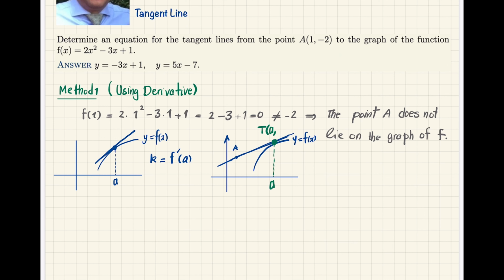Okay? And of course now, because this point lies on the graph, the y-coordinate would be f of a. Yes? But what is f of a? F of a means the same expression you see here, that you have to replace x with a everywhere. So this means that the y-coordinate of the point of tangency would be this.